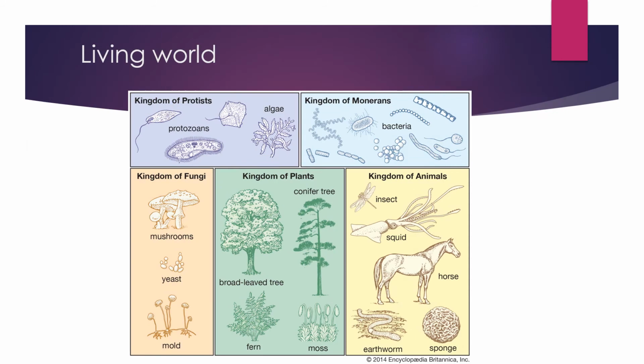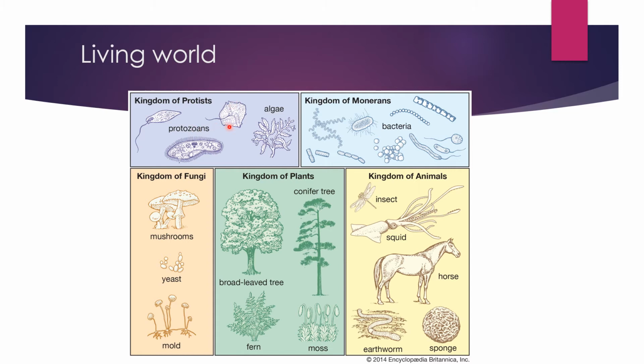Now if we want to classify the living things, that means how many kinds of living things are present in nature, then we can classify them into 5 groups. First one is the protista or protist.